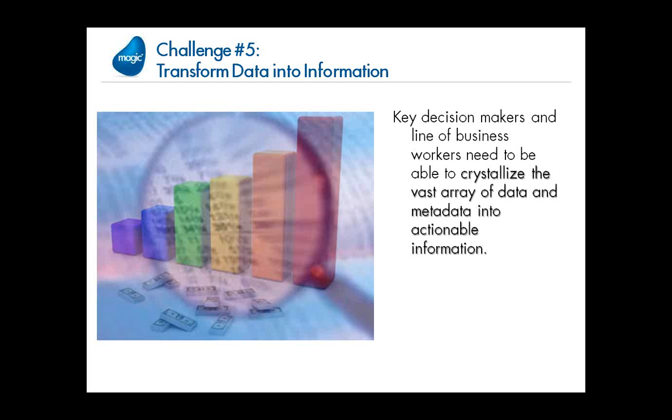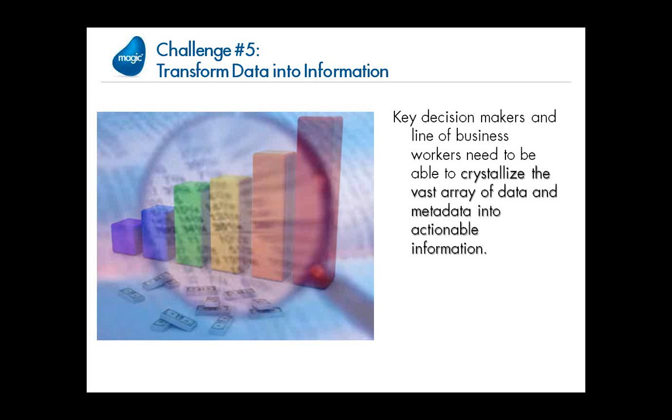Challenge number 5, transforming data into information, is so key, because a lot of times without integration, there are data silos, and business intelligence just doesn't have the optimized view of information. Those tools don't have the optimized view of information that they need.